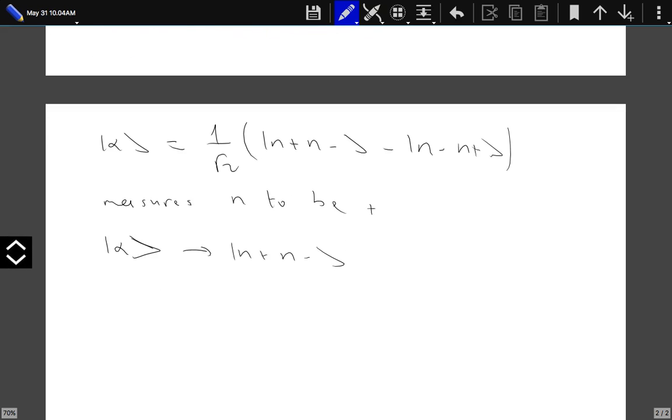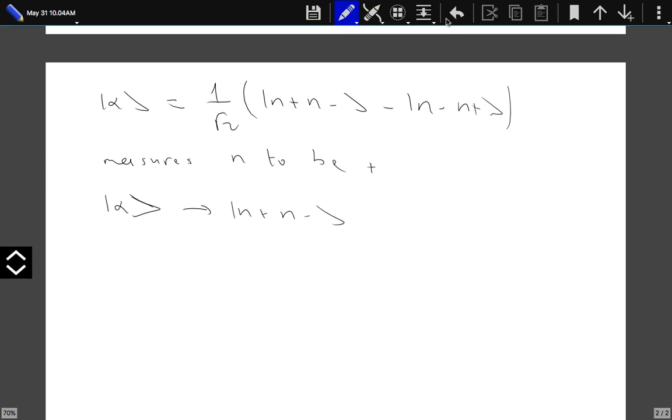well, okay, so let's look at it in a slightly different way. The measurements in A will be 50% n plus of the first particle and 50% n minus.